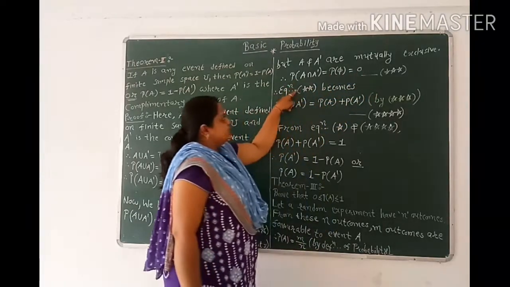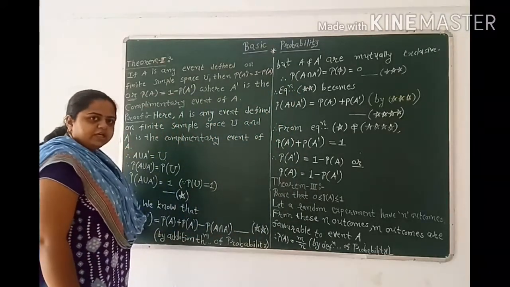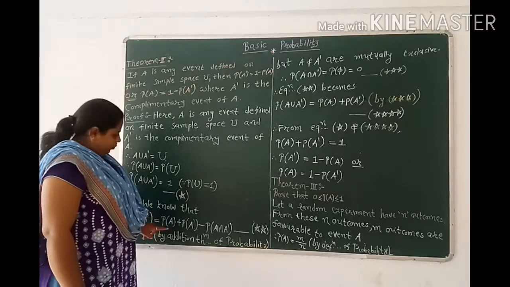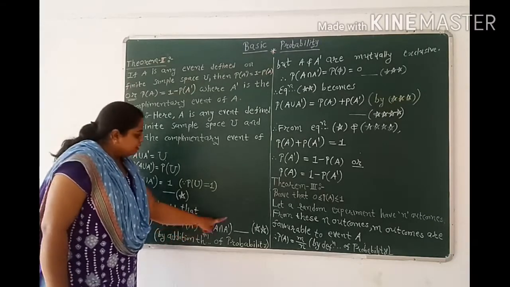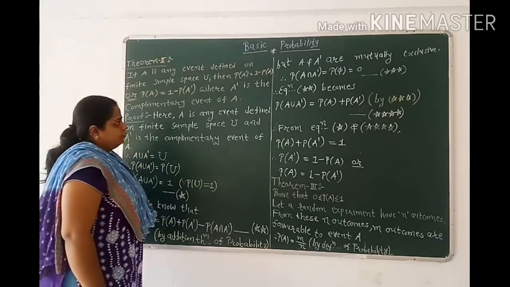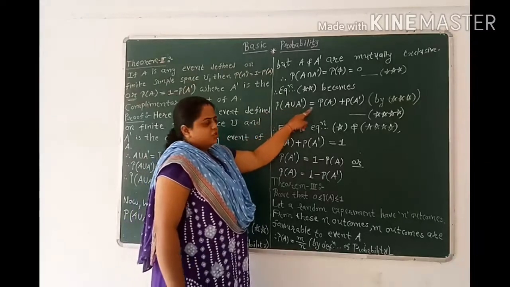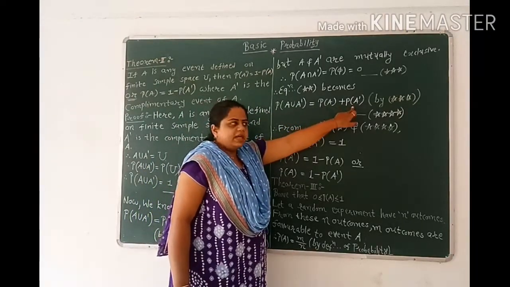Now from equation double star, probability of A union A dash equals probability of A plus probability of A dash minus this term, which is 0. So we have probability of A union A dash equals probability of A plus probability of A dash.